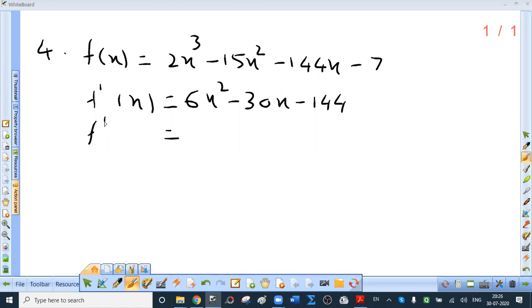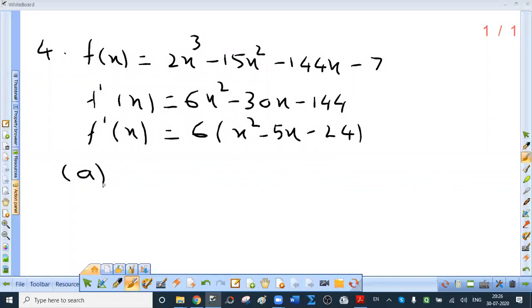So f dash of x is nothing but, if I take 6 common, I get x square minus 5x minus 24. Now f is strictly increasing. Before that, I will simplify, because we will be using this for decreasing also.